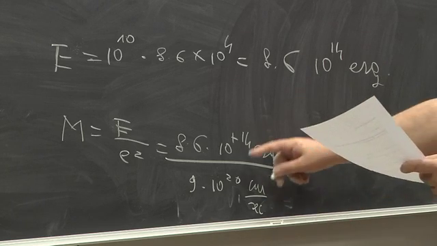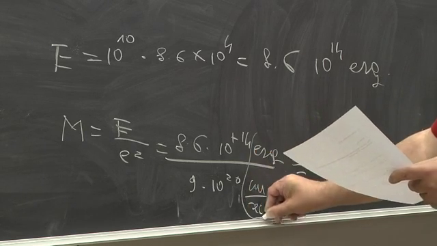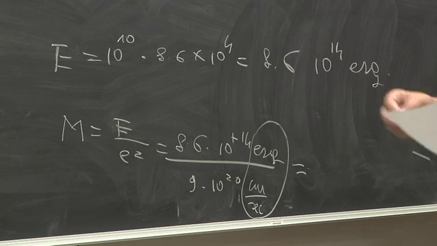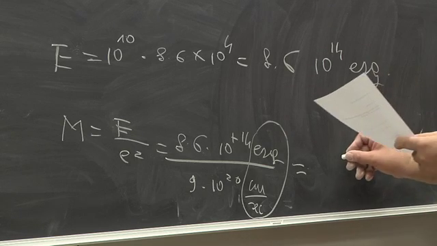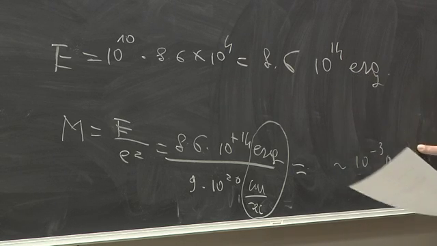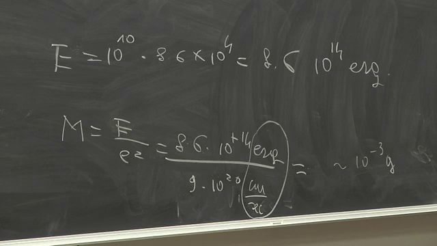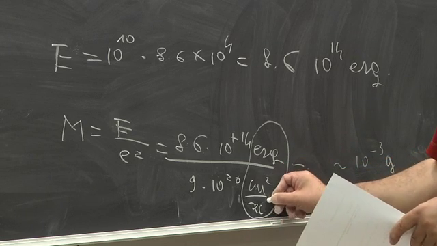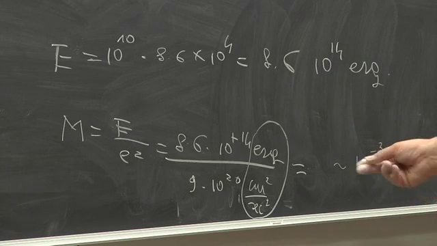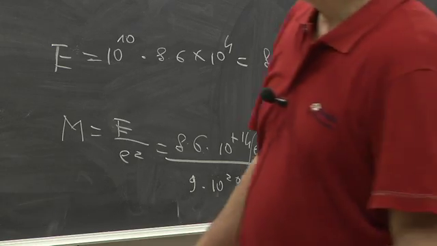Is this the correct thing to get into gram? Question? No. Okay, so get the conversion factor, and it should be of the order of 10 to the minus 3 gram. And then you get it in gram, and it is of this order. So the mass is roughly a milligram, but do the calculation correctly.